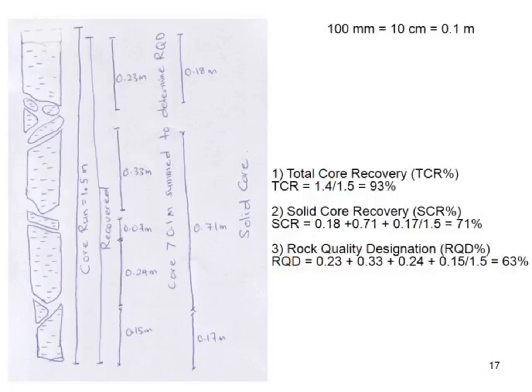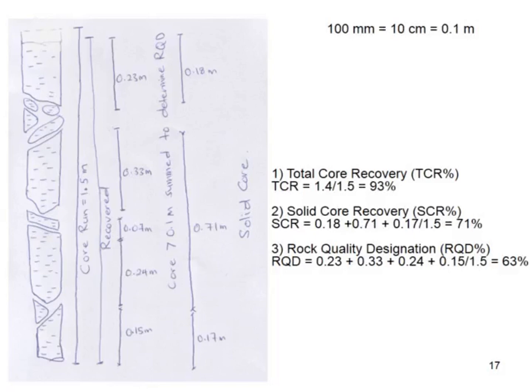Okay, for RQD, because RQD is for the core that has length more than 100 mm, or if the unit is in cm, more than 10 cm. Right now the given dimension is meter. So for the RQD, the length of core must be more than 0.1 m. You take this as your total core, the total length of your core sample, and you just take the pieces that have length more than 0.1.